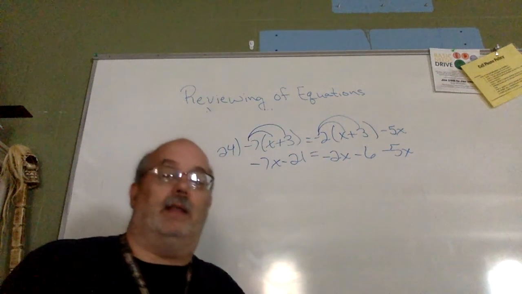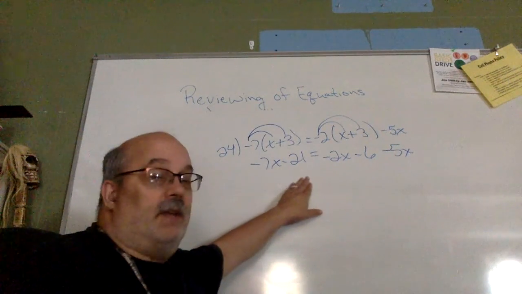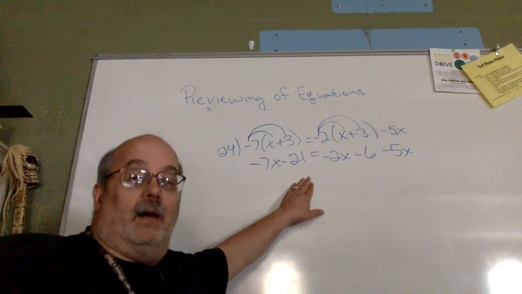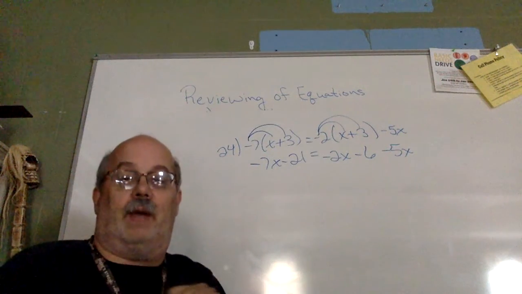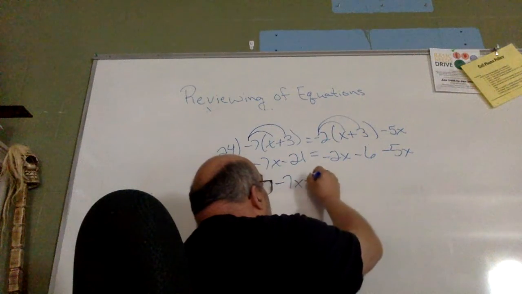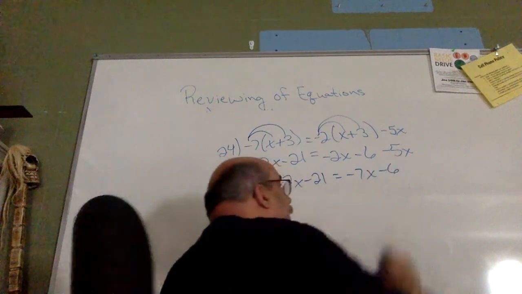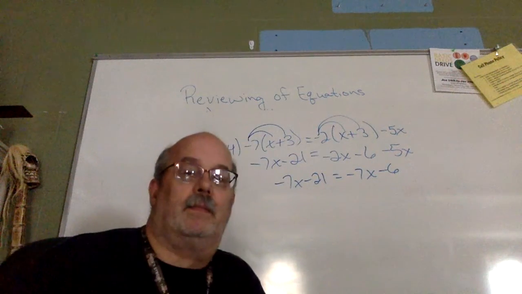We want to combine like terms. Well, on the left side, there's no combining at all. On the right side, we have a negative 2x and a negative 5x. That gives us negative 7x.